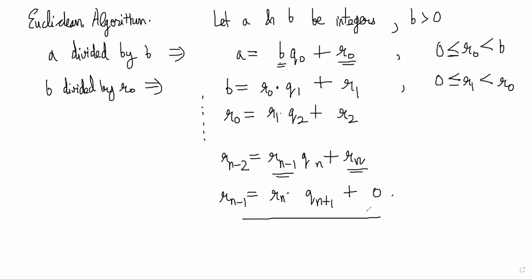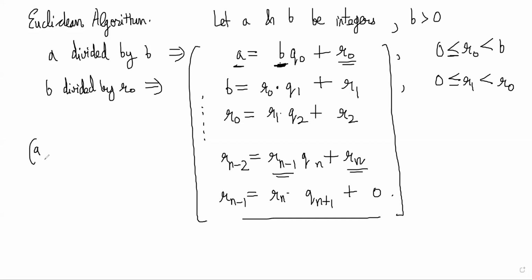So we can show that if you do this sequence of divisions, always the GCD of A and B is equal to the GCD in each step, B and R naught, is equal to the GCD of R naught and R1.